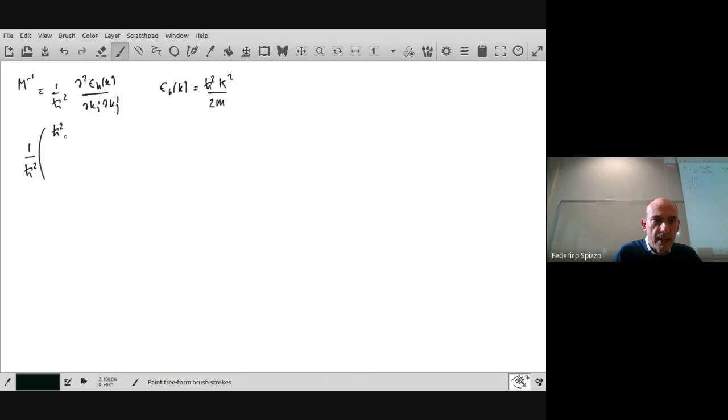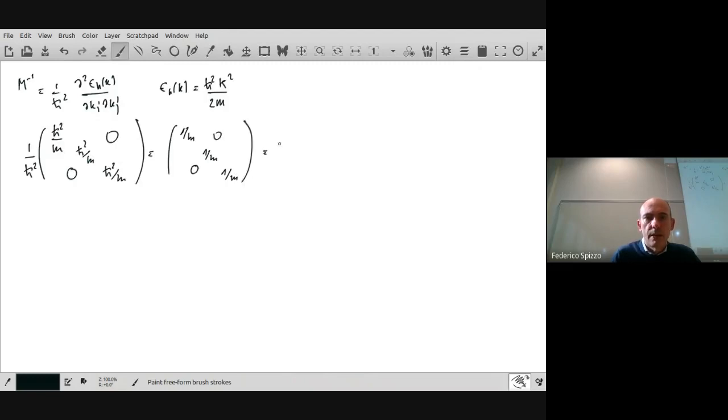Then we have h bar squared divided by m, h bar squared divided by m, and h bar squared divided by m, and then we have 0 and 0. So at this point, we may simplify the h bar, and we have 1 divided by m, 1 divided by m, 1 divided by m, 0 and 0. So this is 1 divided by m times identity.